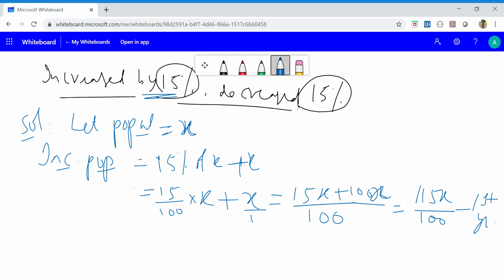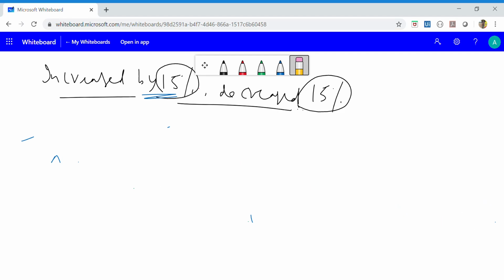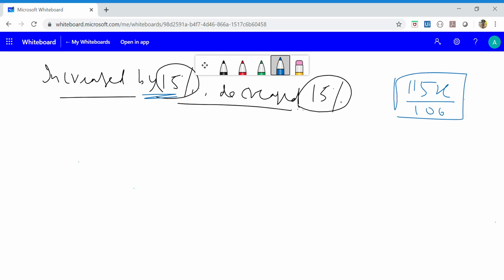This is the increased value. Then what is the decreased value? At the end of the first year we have 115x by 100.